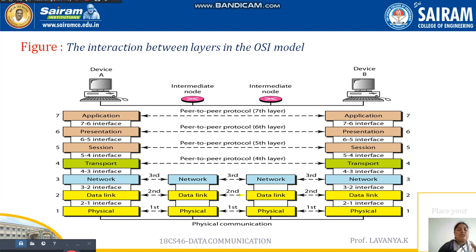Suppose you consider hello as one word. That one word is again divided into smaller parts: h is one unit, e is one, l is one, another l is one, and o is one, like that. Each and every piece of data is segregated as a separate, manageable unit of data.